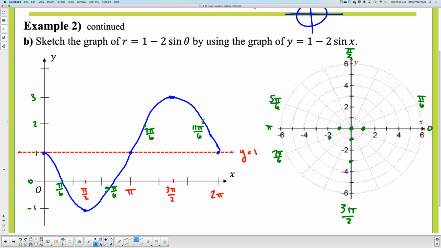Okay. Finally, 11 pi over 6. 2. So at 11 pi over 6, we're at 2. And then at 2 pi, we would be back to 1.